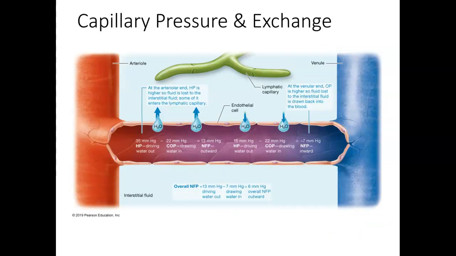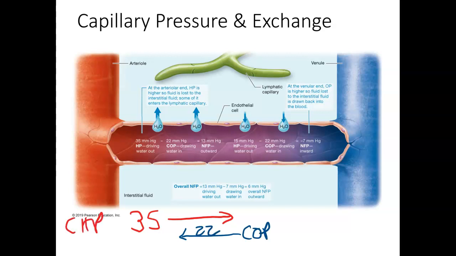What we look at is called the net filtration pressure, and it's literally just which number is bigger. That determines where the fluid goes. Notice over here at the arterial end, I have a force of 35 pushing things out of the capillary. That's opposed by the osmotic pressure of about 22. So at the arterial end, my force pushing things out is greater than my force returning them.